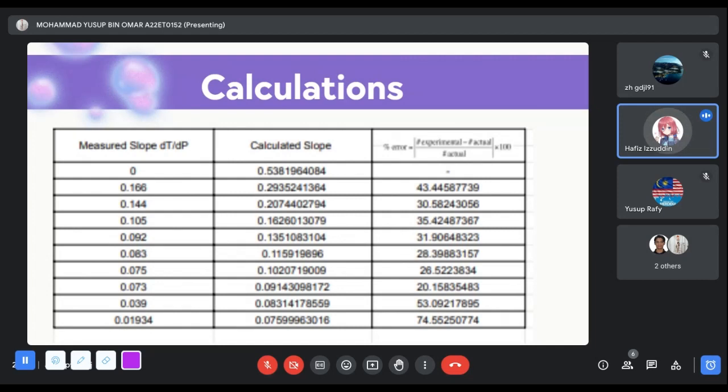For the next slide, we can get the measured slope and the calculated slope, and with these two values we can get the experimental error of this experiment.